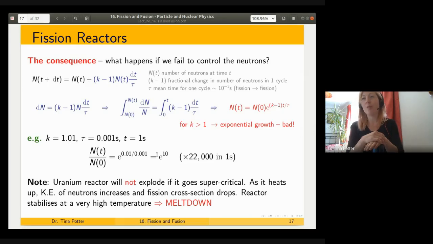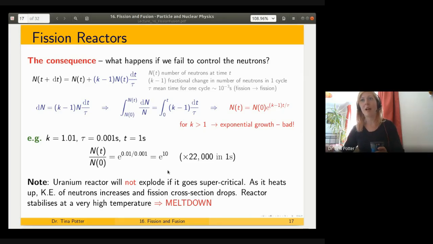22,000 times more neutrons. And this is a very important reason why we need to control the criticality of our chain reaction. It really does explode if we cannot control it. A very tiny bit above 1, in 1 second, we will have 22,000 times more neutrons, inducing more fissions.